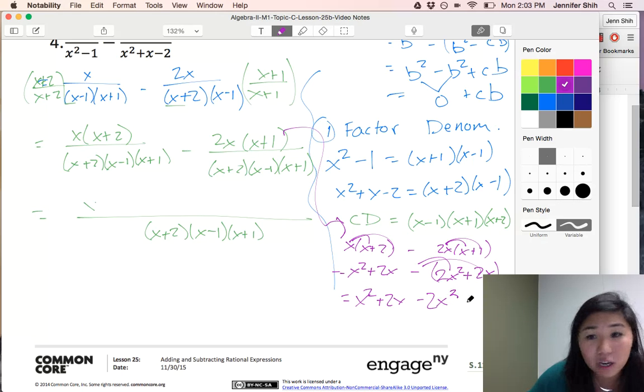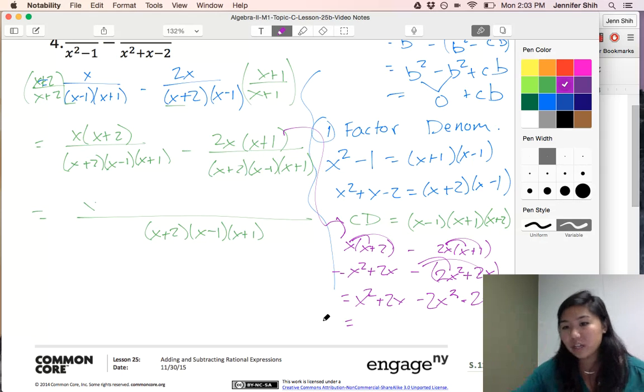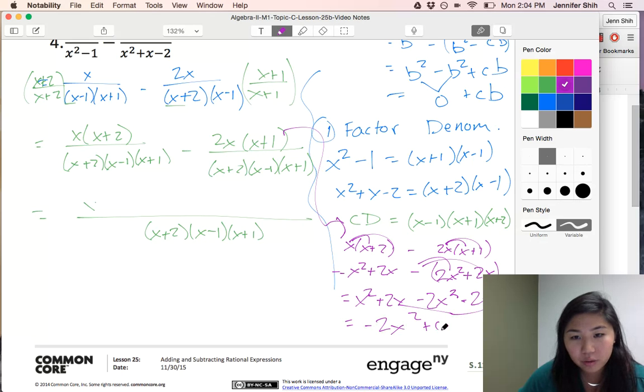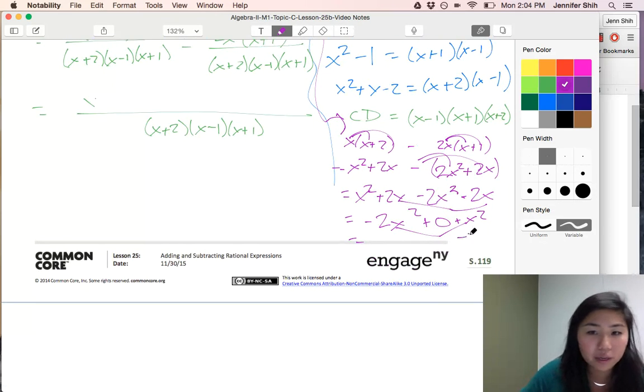This is where a lot of caution signs go up and questions, and this is where a lot of the small errors come in, and this is why you take notes on it, to be careful and we're drawing attention to these small errors. This is negative 2x squared. These two cancel out to 0, and then plus x squared, and we're left with negative x squared. Okay, so my numerator is negative x squared.